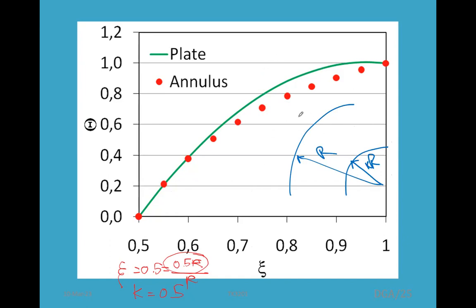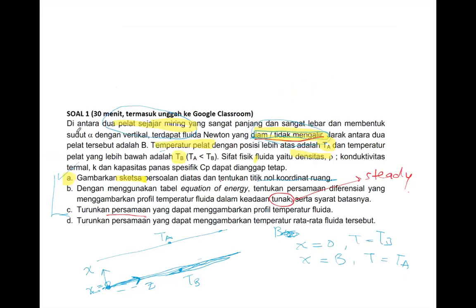So that's why we like to use dimensionless numbers, because the solution is quite similar for this type of problem. So we can apply it to this graph, or to that one.